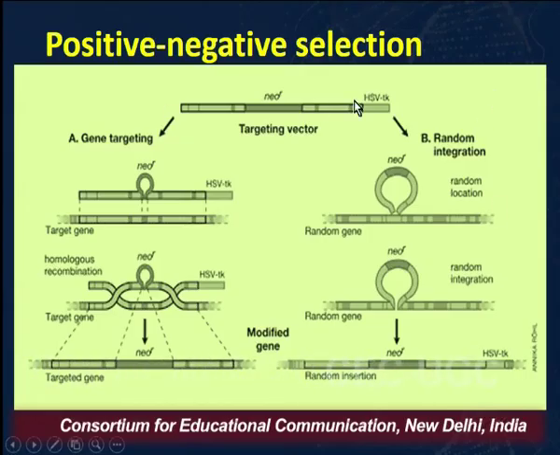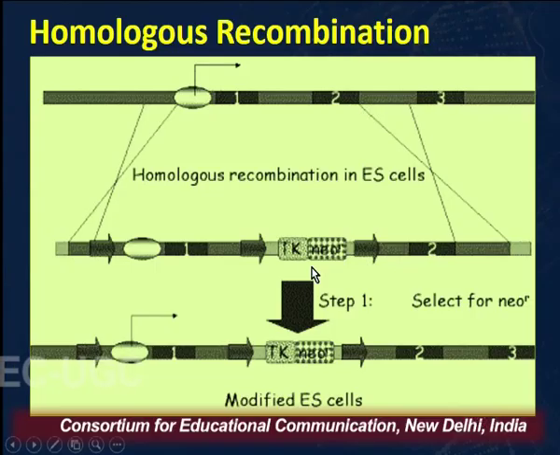There is another thing which we generally do, which is called positive and negative selection. In this, the target vector contains the gene of interest, for example this thymidine kinase, and the neomycin resistant marker, but they are not together, they are a little far apart. We have to understand that the integration has occurred at the target site only, because we do not know whether the integration is due to homologous recombination or is a random integration.